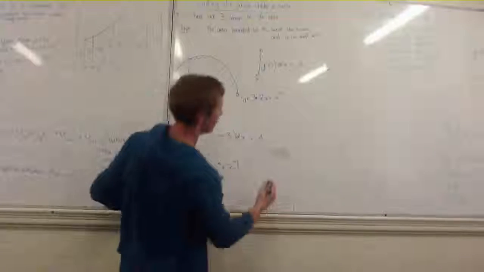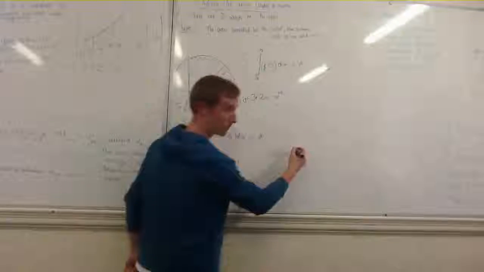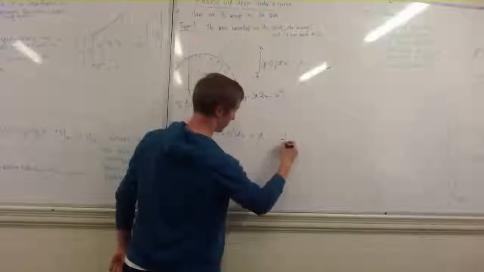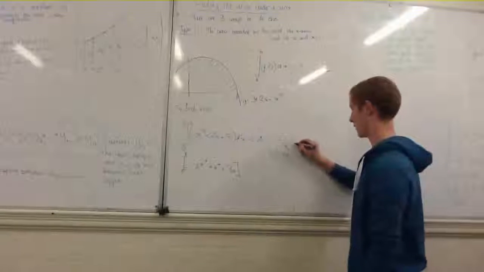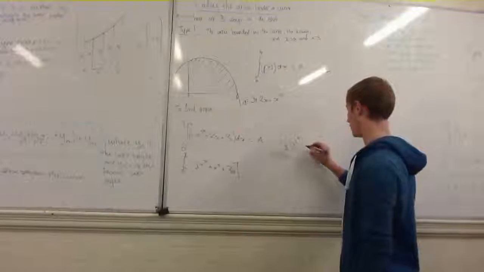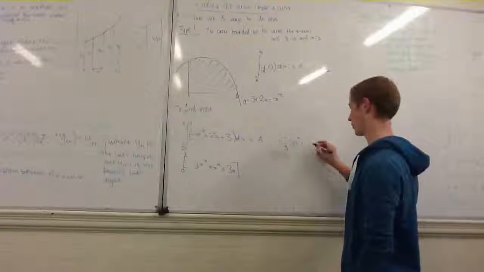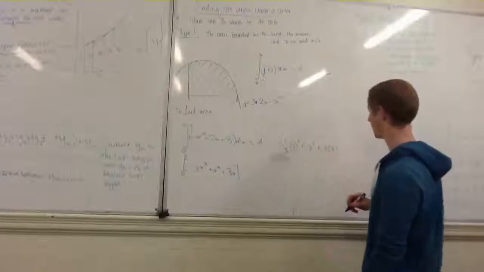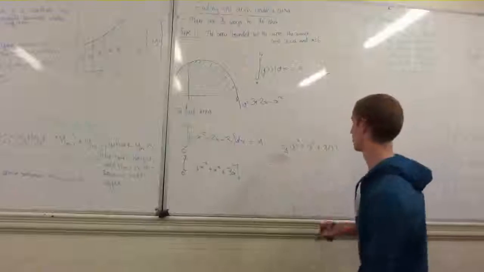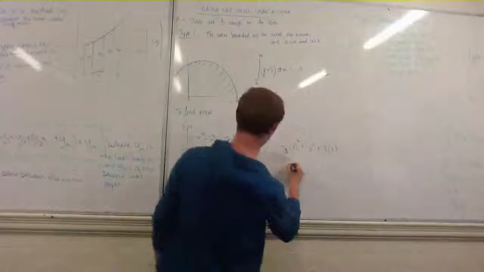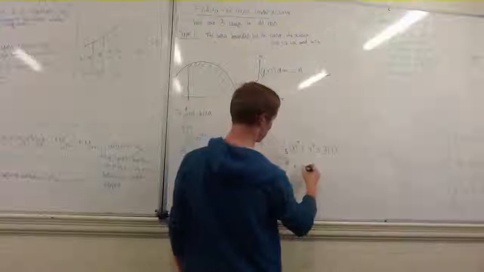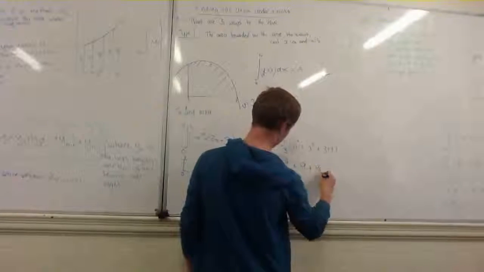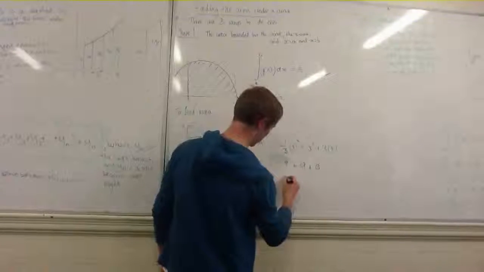So we have minus 1/3, 3 cubed, plus 3 squared, plus 3 times 3, which equals minus 9 plus 9 plus 9, which equals 9.